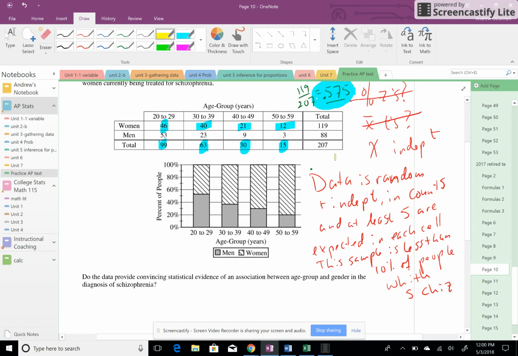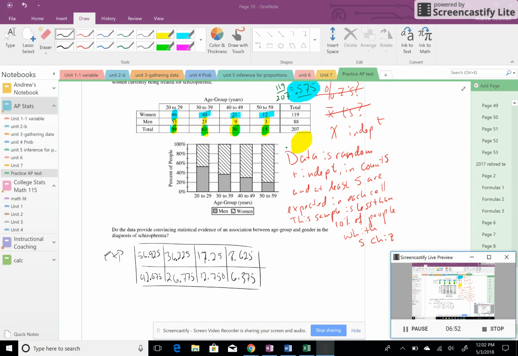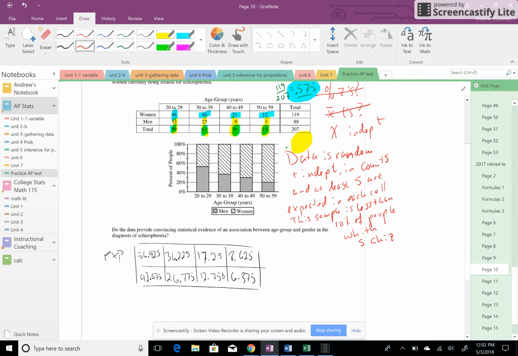Likewise, then you're going to find the 42.5% of 15, write it here. 42.5% of 30, write it here. And so on, you get the idea. And surprise, there's your expected values.